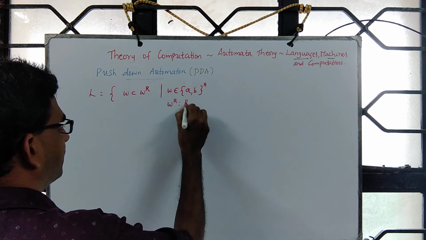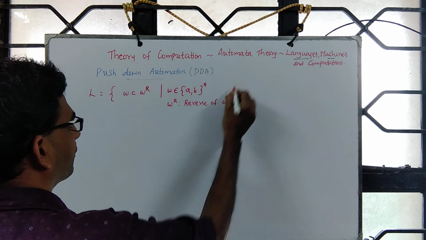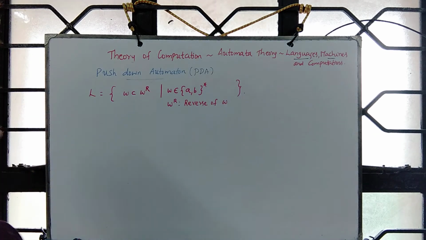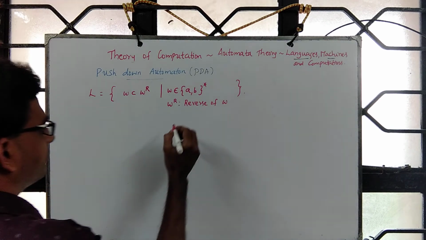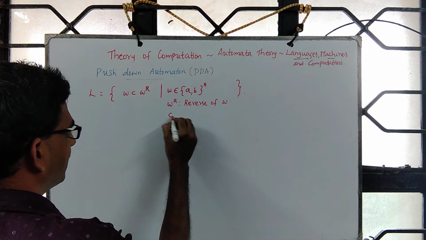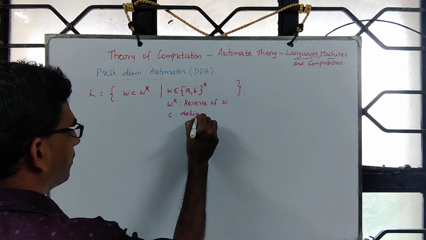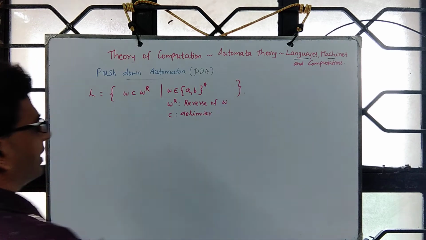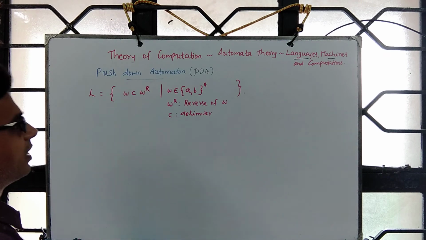WR is the reverse of W. And C is some symbol. The symbol is kind of a delimiter that separates W and WR. Okay.